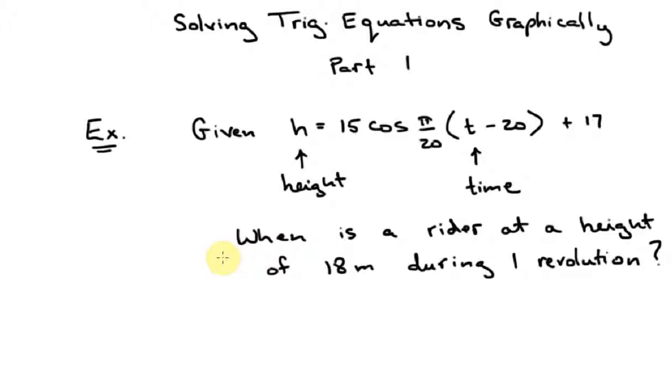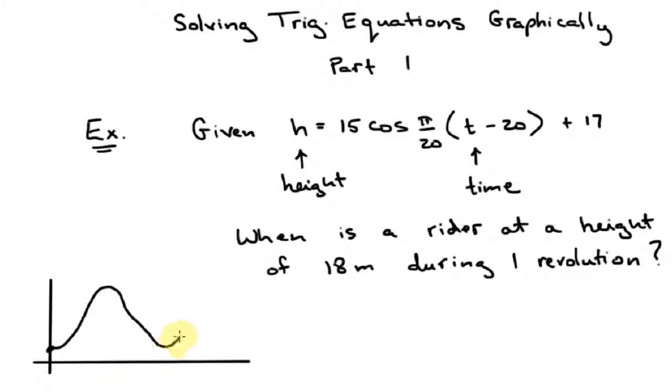Let me give you a little picture idea of what's going on, and then the strategy I'm going to use. I'm going to try and produce a graph that looks something like this. Here's just a rough idea. The person starts, and presumably they go up the Ferris wheel. Their height increases, and then it goes back down, and this will continue forevermore.